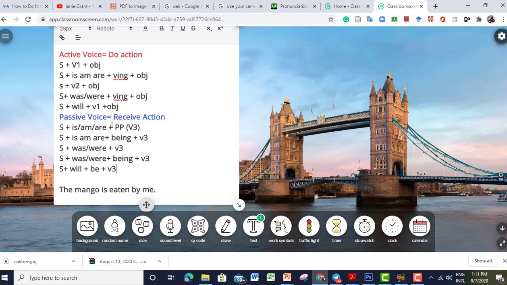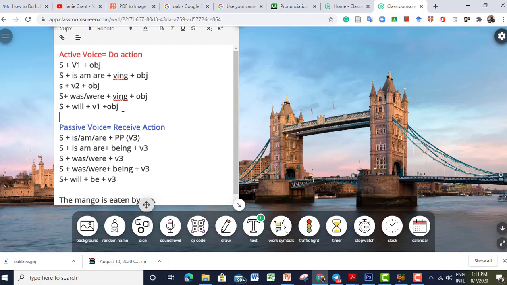So how can you change it into the continuous tense? Subject plus will plus be plus verb ing, or verb 1 ing. Okay, and plus the object.